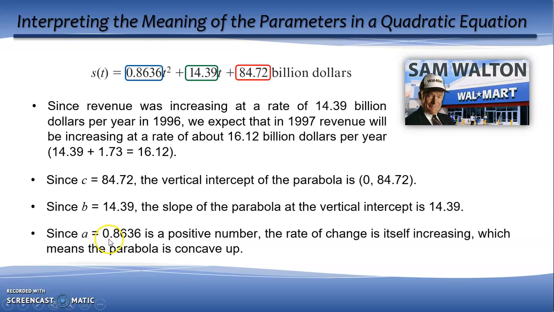Since a is equal to 0.8636 and this a is a positive number, the rate of change is itself increasing, which means that the parabola is concave up.